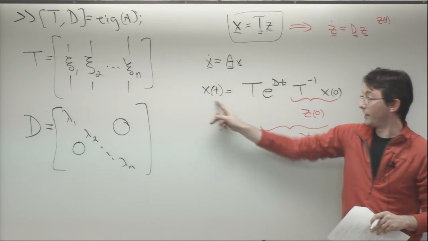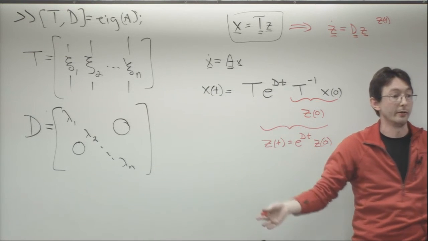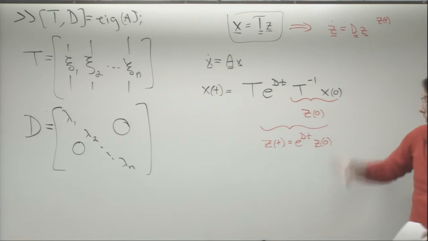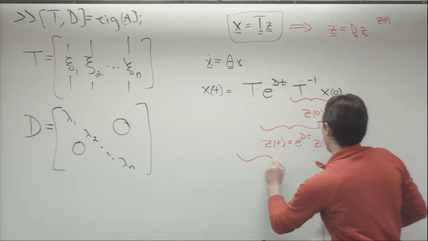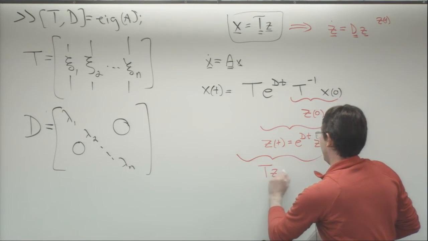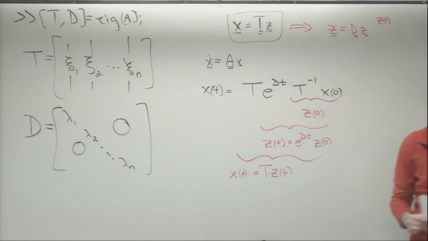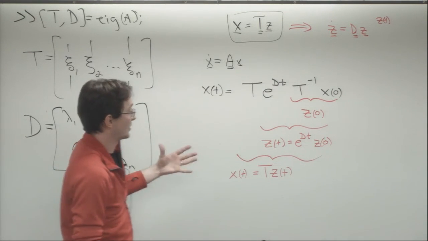But I want this in physical units. I want it in meters, in x, y, and z. So what do I do finally? I have my solution in z, in eigenvector coordinates. Now I map it back to x by multiplying with T. So T times z of t equals x at that point in time. That is physically what we're doing. That's what this actually means.